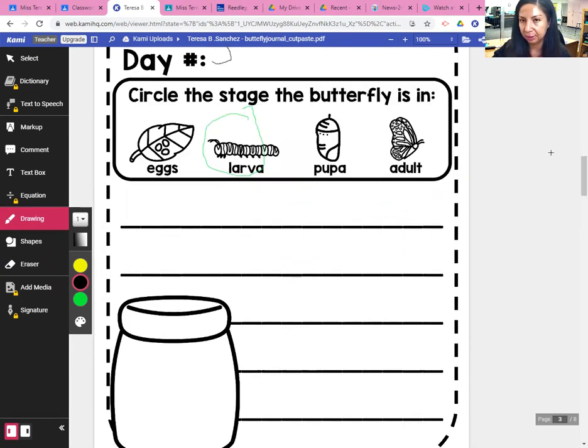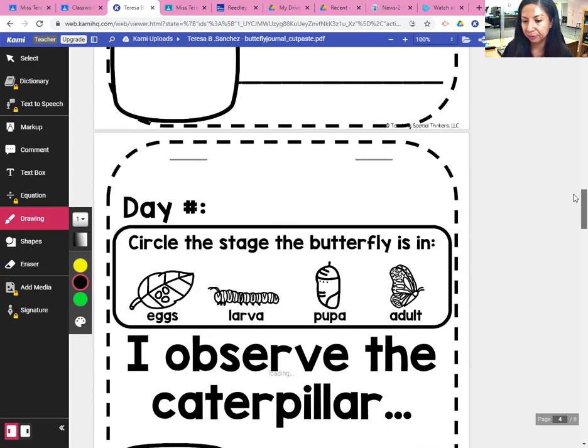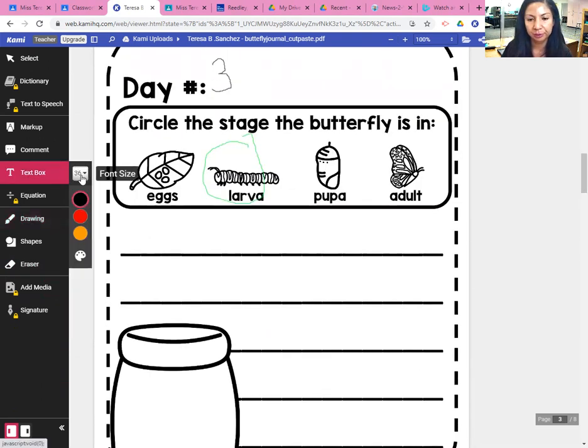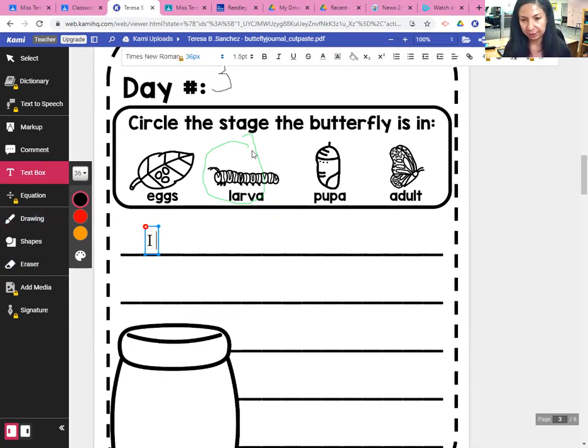They are moving a little bit. Let's take another look. They're moving ever so slightly, slowly. So we could write, I observe the caterpillar moving. I'll make it a little bigger so you can see better.